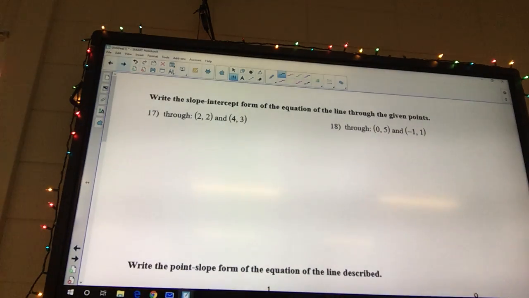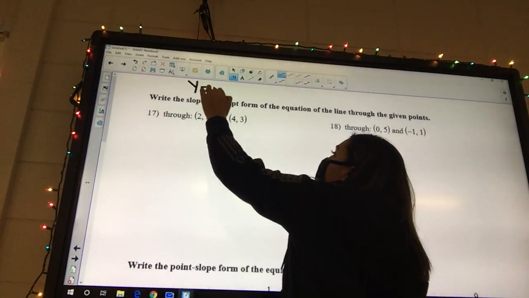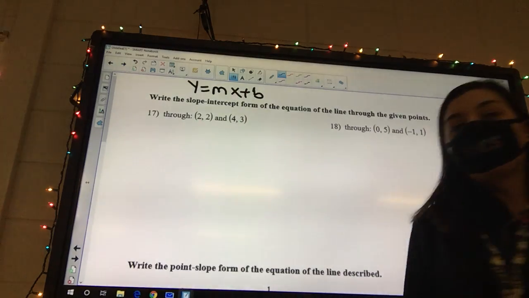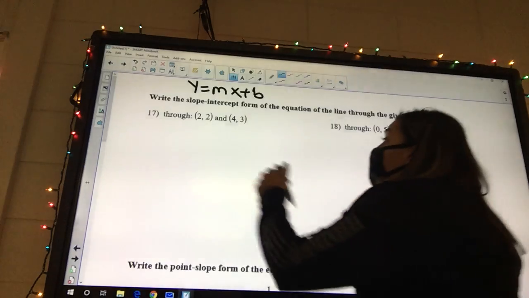Okay, look at 17. We're almost done. We got 5 left. 17 says write the slope-intercept form. So that's going to be y equals mx plus b. Okay, and then we can look at what we've got.